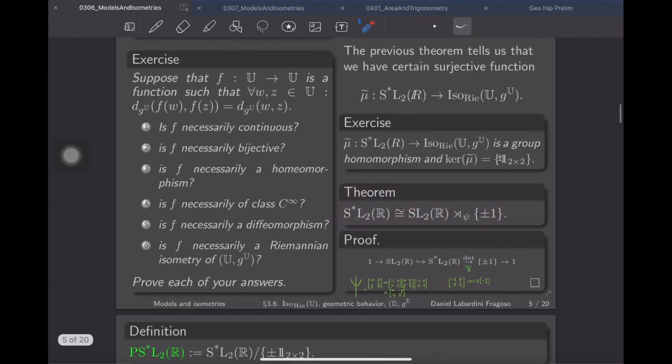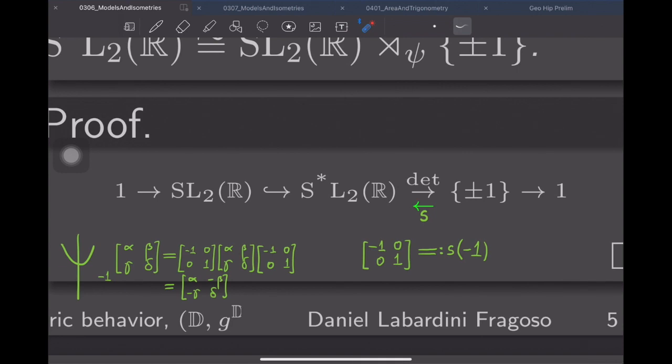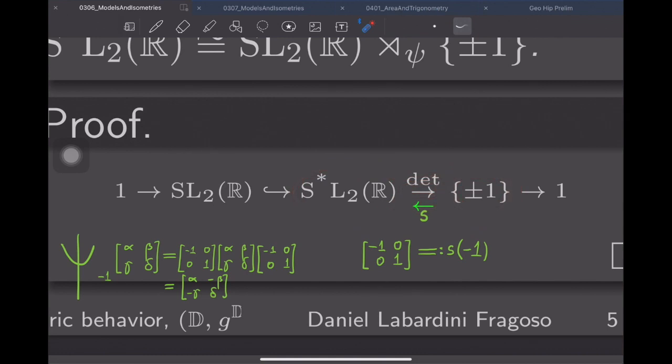And the whole point is that this short exact sequence splits, right? And here this is the splitting. By split I mean that there is a group homomorphism from the last group in the sequence to the one in the middle, such that this composition is the identity of the rightmost group.